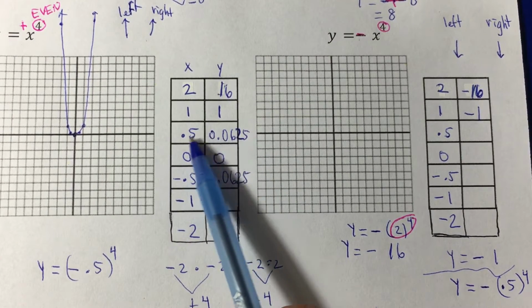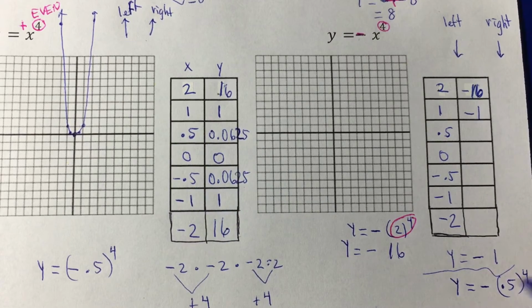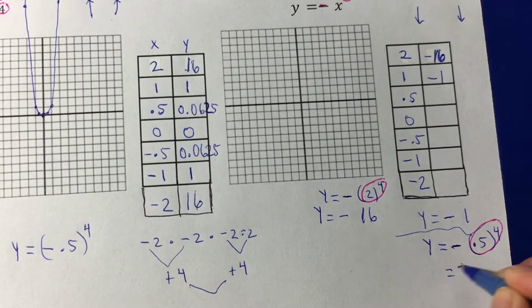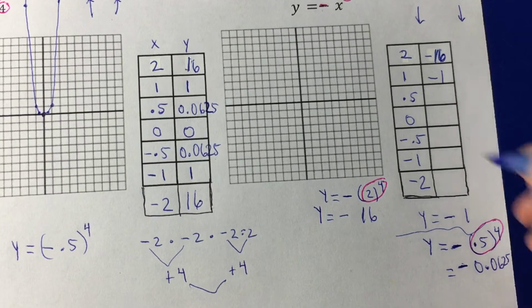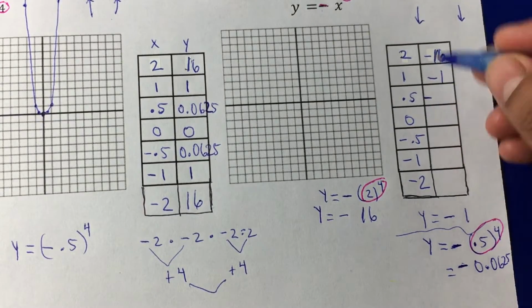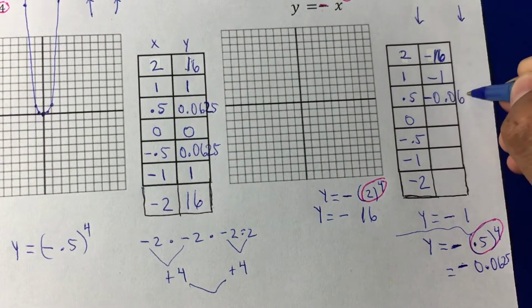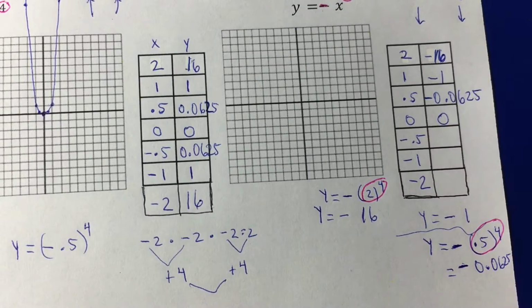Negative 0.5 times 0.5 times 0.5 times 0.5 will give us this number. The reason this ends up negative is because of this negative outside. So 0.0625, negative because of that negative. And 0 will be 0.